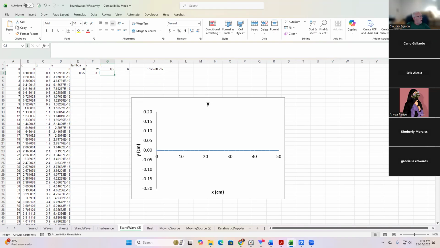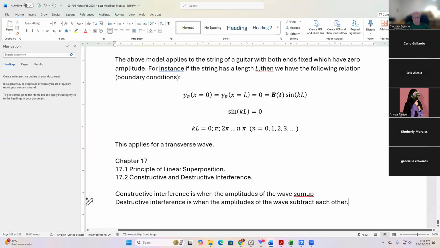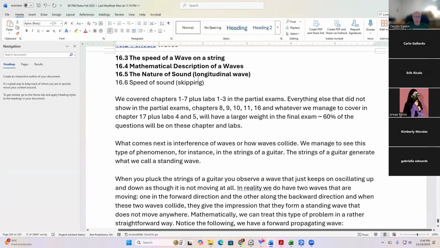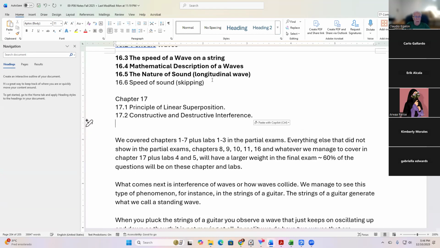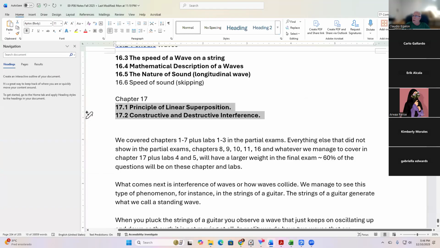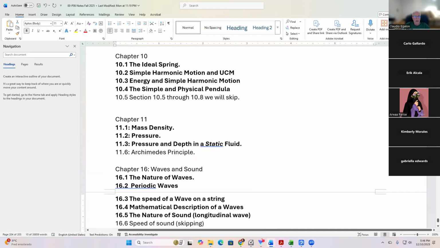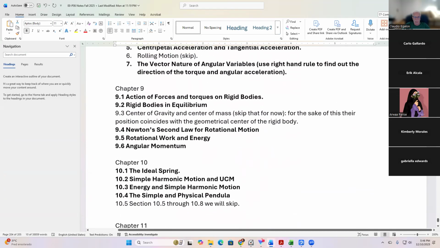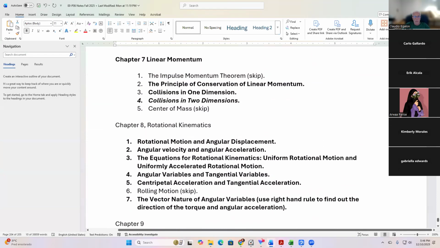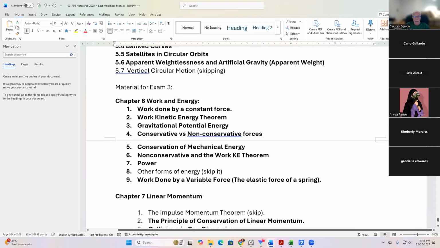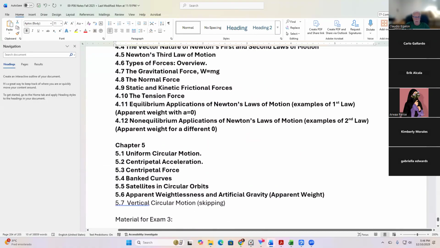Standing waves. Those are the two sections that we were able to cover for this chapter, and you can add those two sections right in here. We're not going to cover the rest. I'm not going to ask you the remainder of this chapter in the exam, but you have to know those other two since we worked them out here in the classroom.